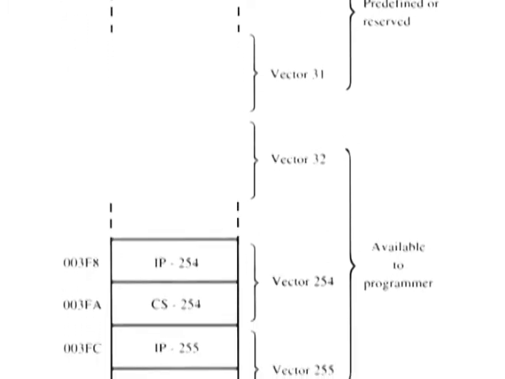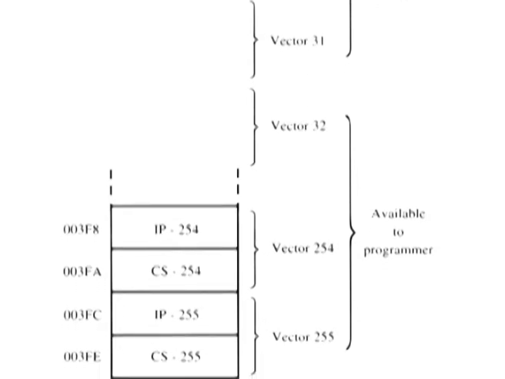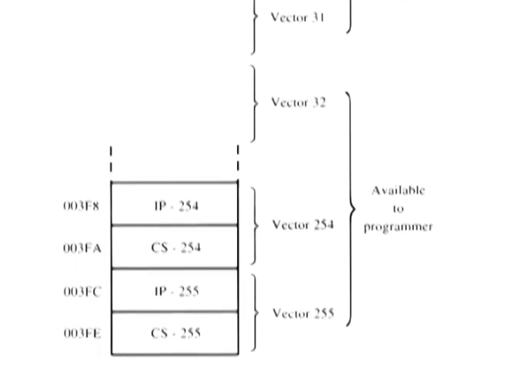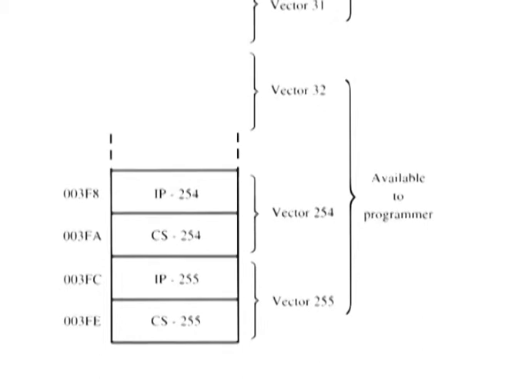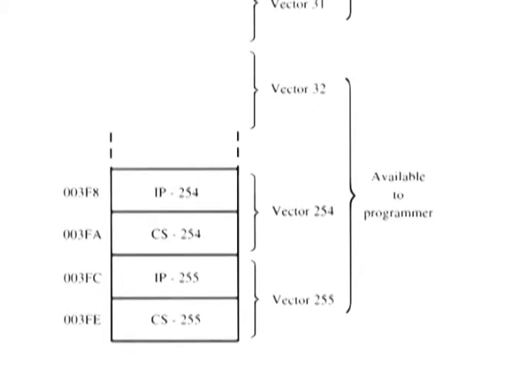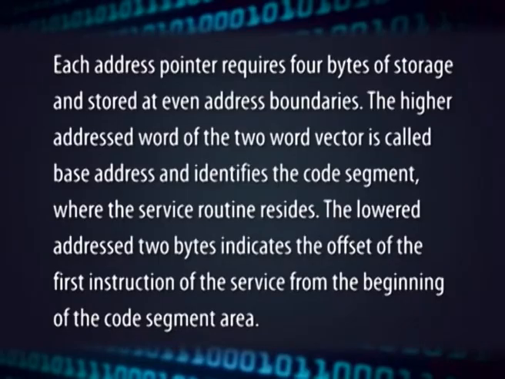Therefore, the first 1 kilobyte of memory is reserved for storing 256 address pointers corresponding to 256 interrupt types. Each address pointer requires 4 bytes of storage and stored at even address boundaries.